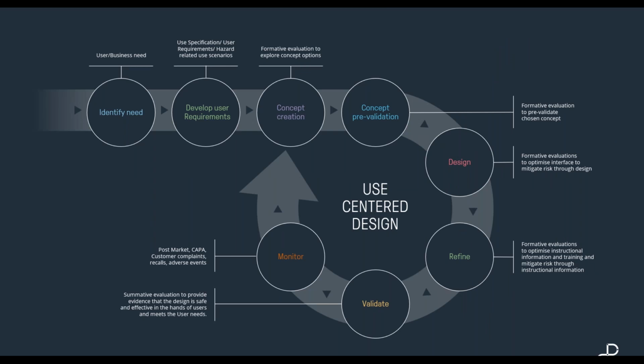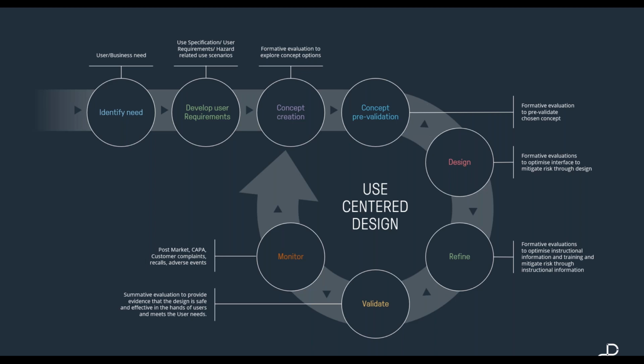So looking at the product development process and where user-centered design fits into it, this graphic shows a process from identifying user needs all the way through to validating a user interface.